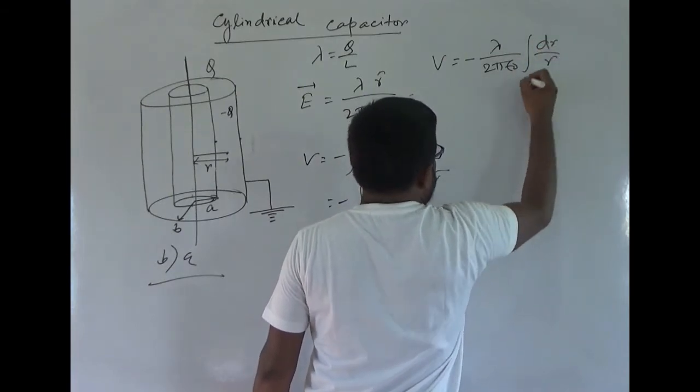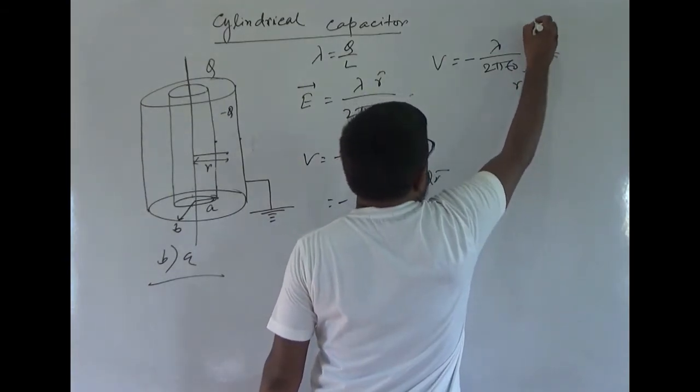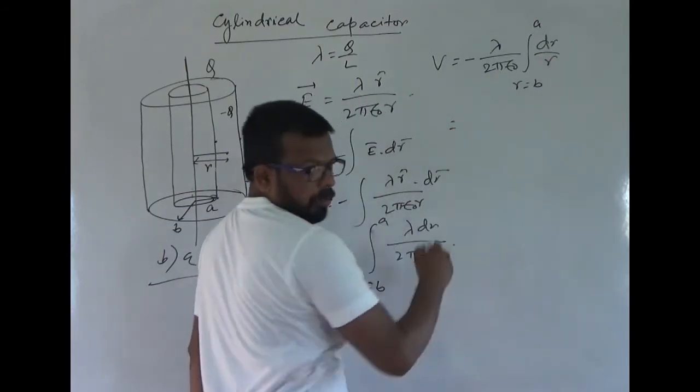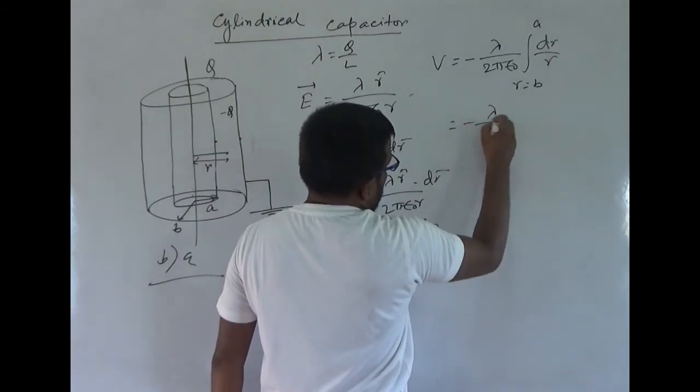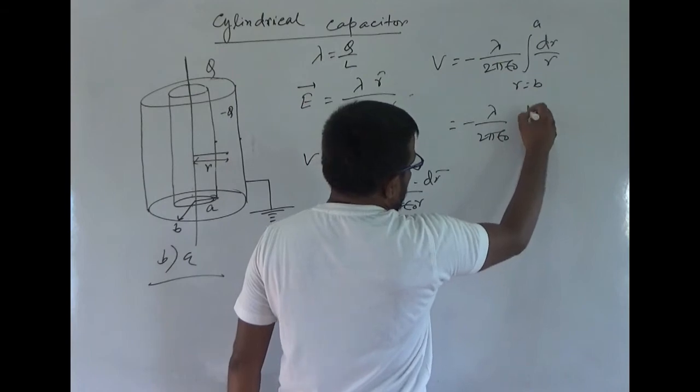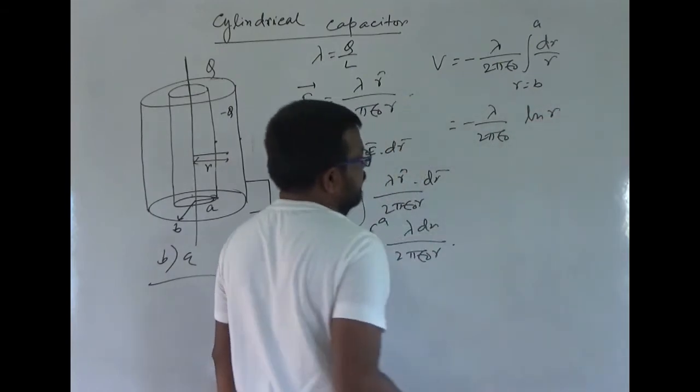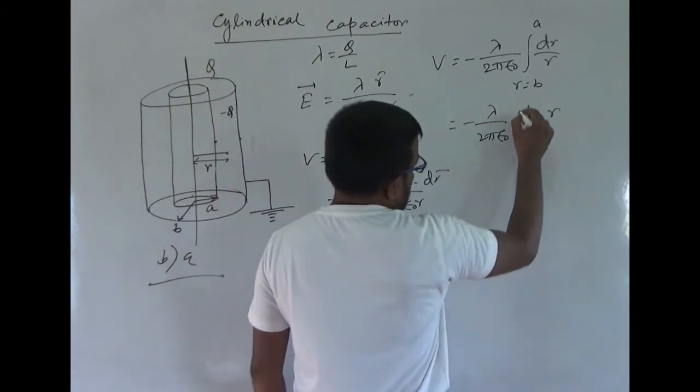lambda by 2 pi epsilon naught times the integration of dr by r, from b to a, with a minus sign. The integration of dr by r is log r.